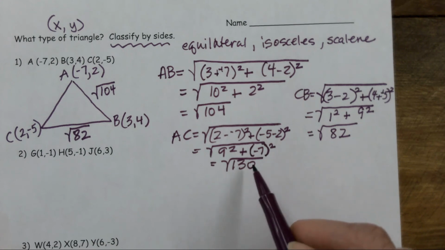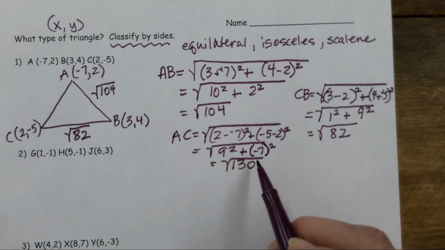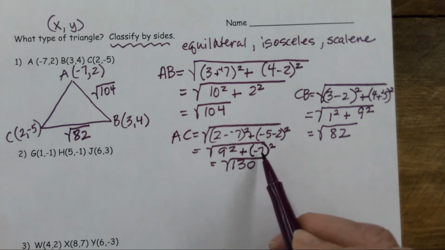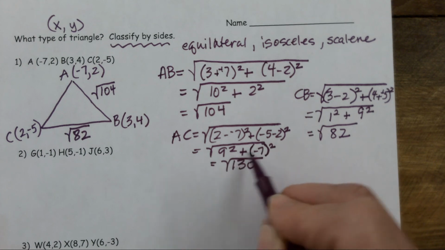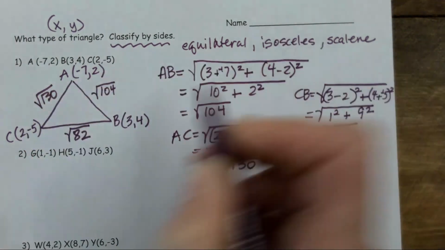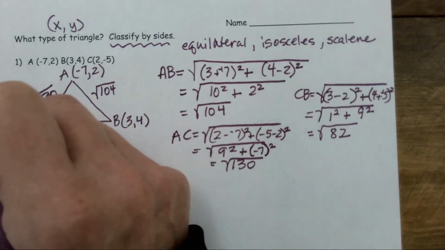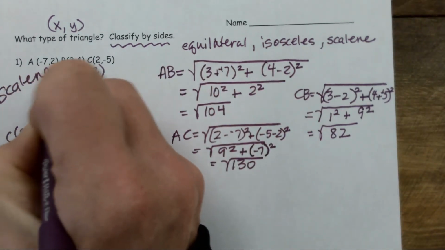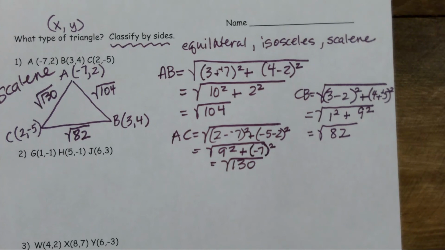It is 130, yeah. Make sure that, again, you square the negative. That would be both positive inside of there. So this is the square root of 130. So we call this triangle scalene. You get the gist? Okay, yeah.